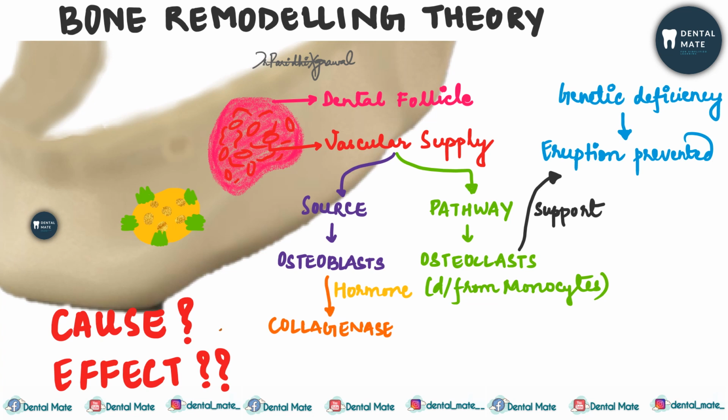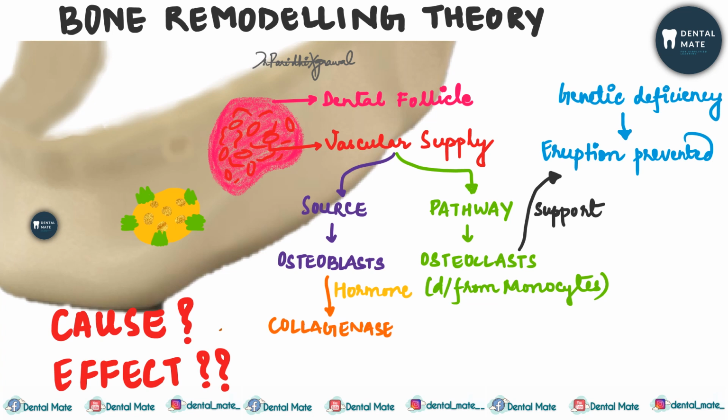that is not known. Okay, so what is basically happening is, under hormonal influence the osteoblasts are secreting the collagenase, because of which the osteoid layer is removed. The osteoblasts round it off completely and the denuded mineralized area is exposed, to which the osteoclasts get attracted and there is resorption of the bone from that area.